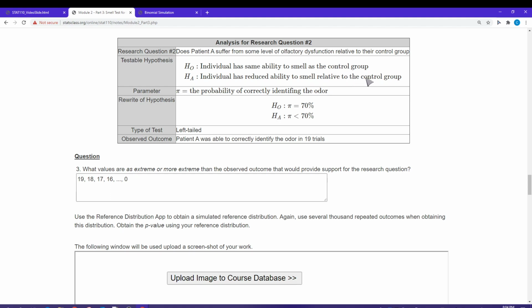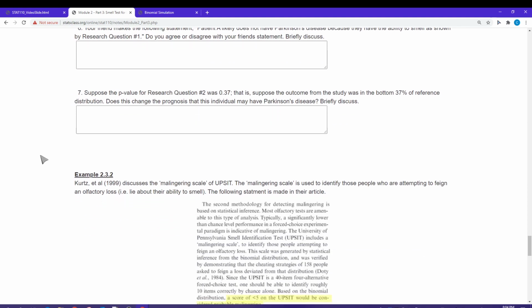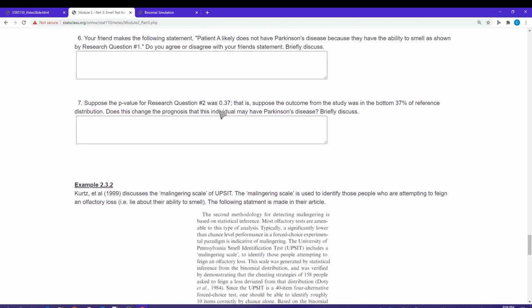And we would say that they would be similar to the control group in that situation. So likely do not have Parkinson's disease if they're not an outlier. If they're an outlier on the left-hand side, then they lose their ability to smell, which is a known condition of Parkinson's disease. So we would expect people with Parkinson's disease to be outliers against the control group.